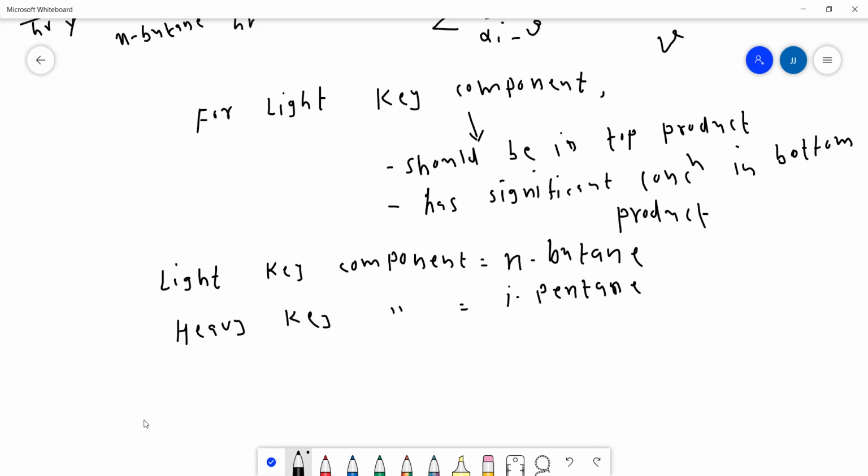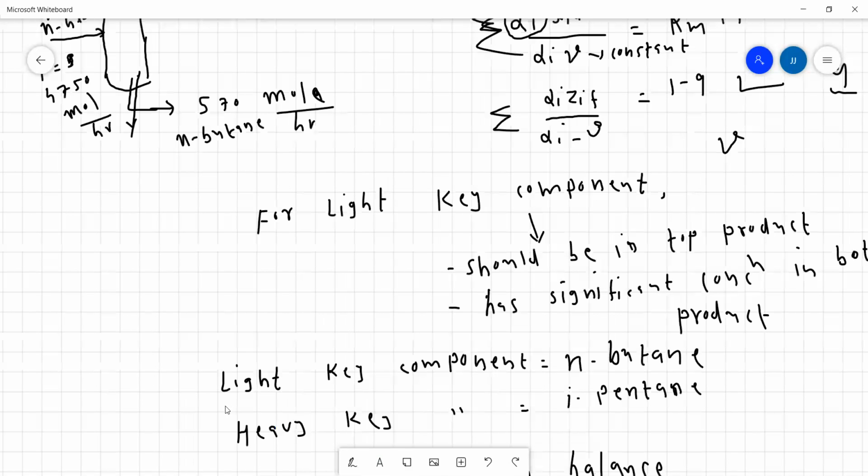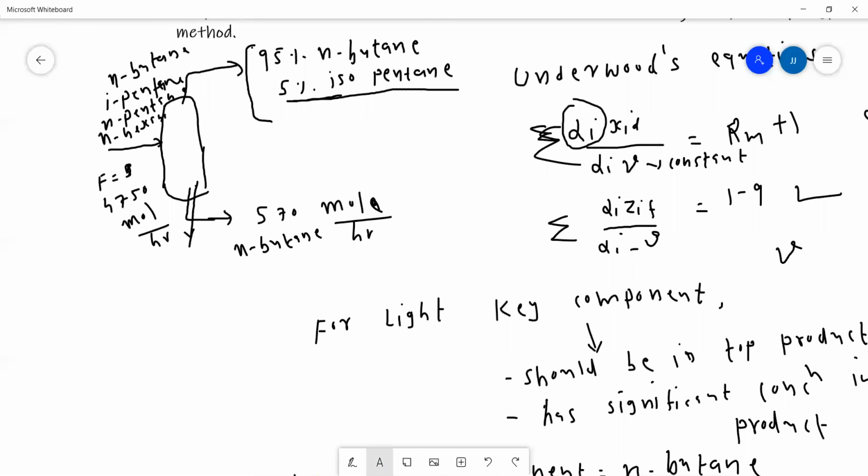So doing an overall material balance. Now let's say this is the feed F, which is already mentioned.